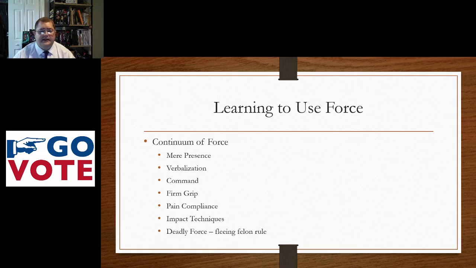If the telling is still not working, the first level of physical force is what's known as a firm grip, which is typically going to be on the arm. It's not like an arm lock, but it's basically just the officer putting a hand on a suspect, and that situation would be considered an arrest.